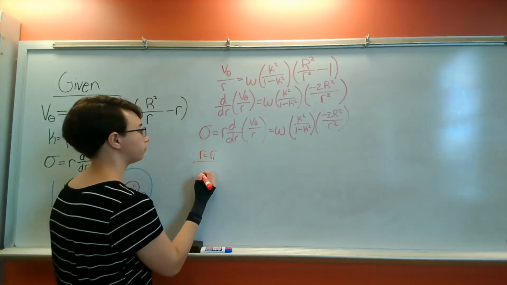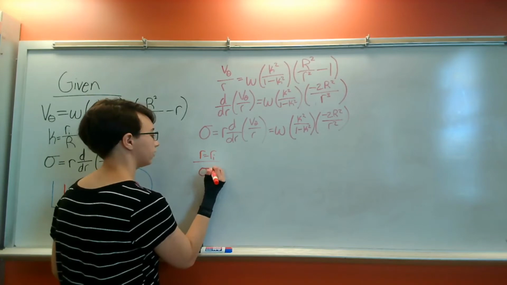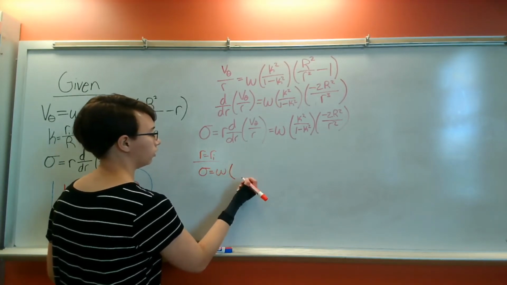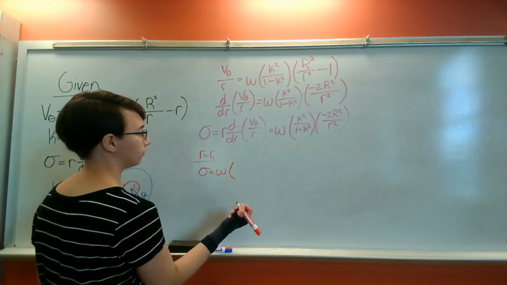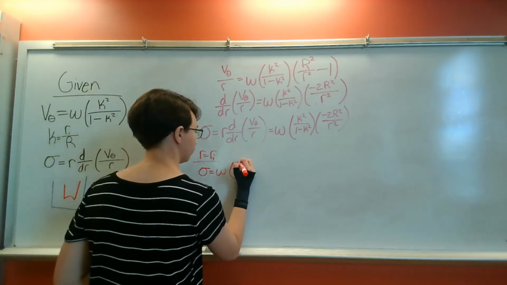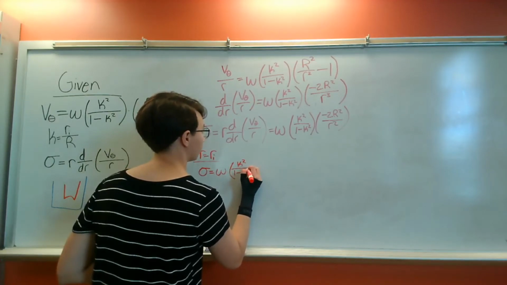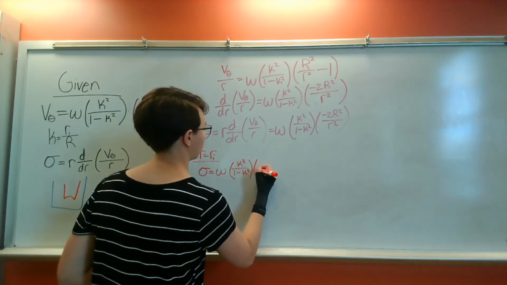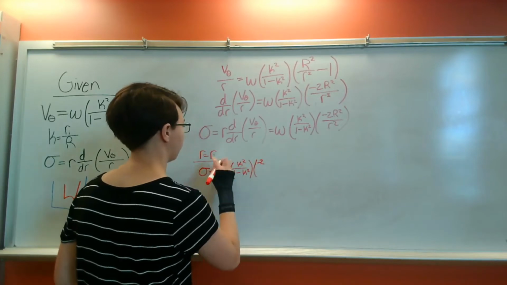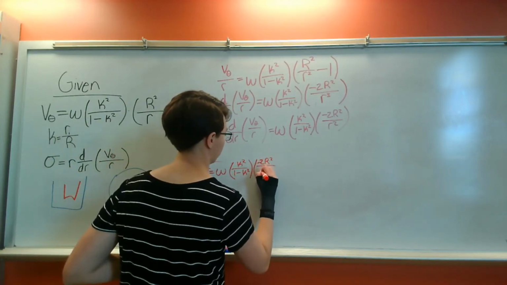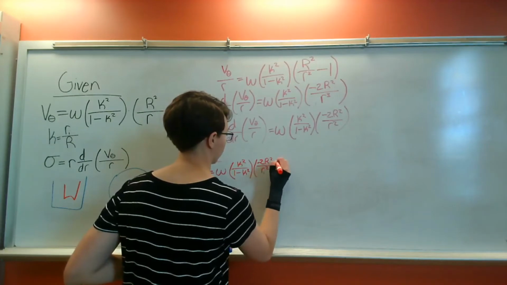So we'll have that the shear rate is equal to omega times k squared over 1 minus k squared times negative 2 outer radius squared over the inner radius squared.